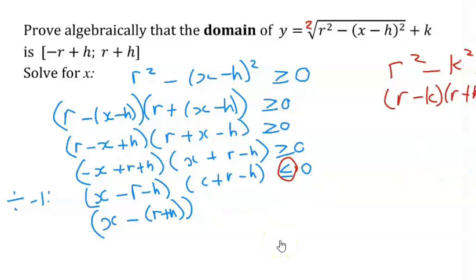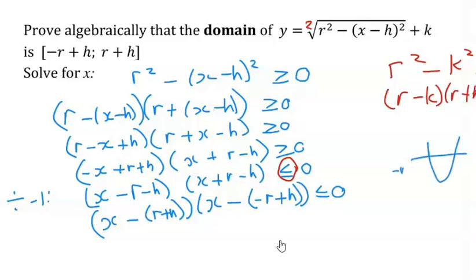I want to solve for x, so I will then write (x minus r plus h) less than or equal to 0. So if I now look at the values minus r plus h and r plus h, then I will have a parabola with the minus r plus h on this side and the r plus h on that side.